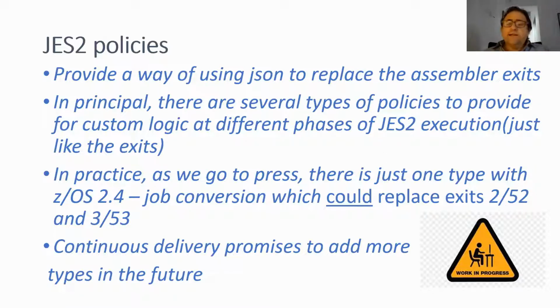The single-digit exits like 2, 3, and 4 mean that the jobs are intercepted if they're coming in from NJE or RJE, and 52, 53, and 54 are usually from the internal reader, like a TSO submit, or from a local scheduler.